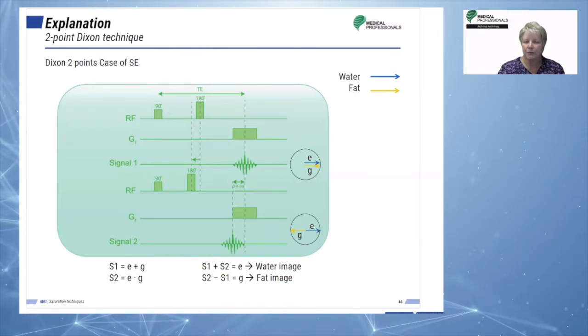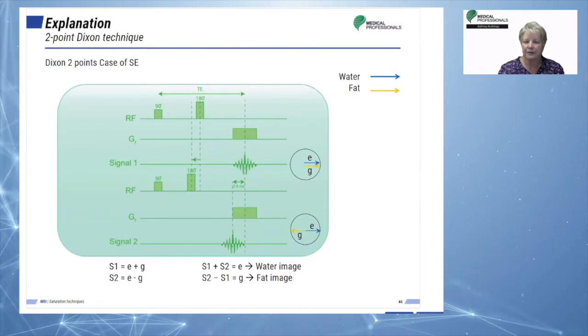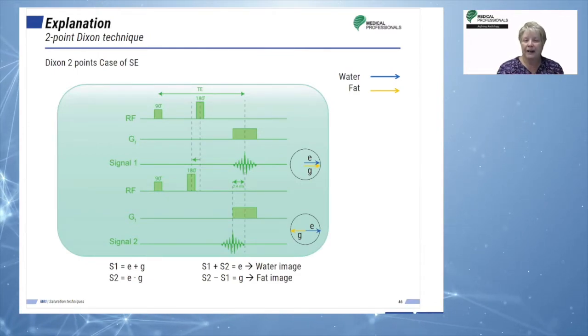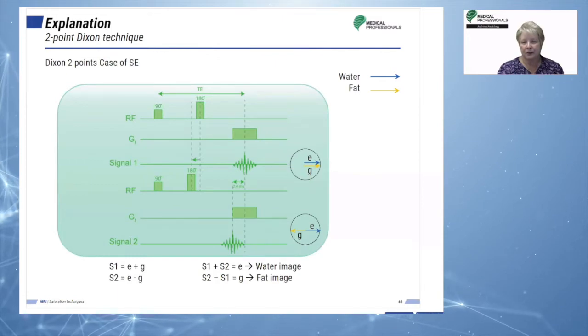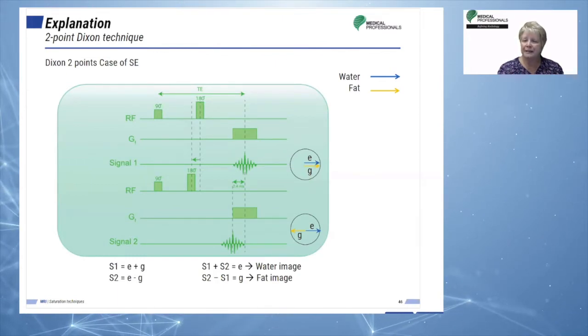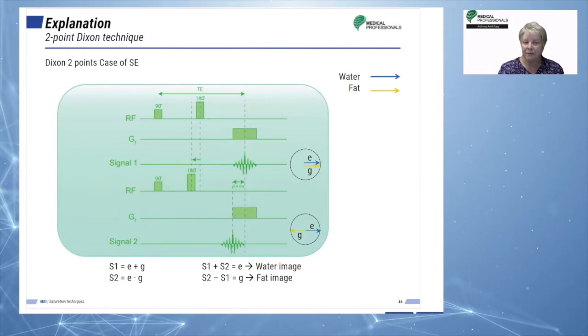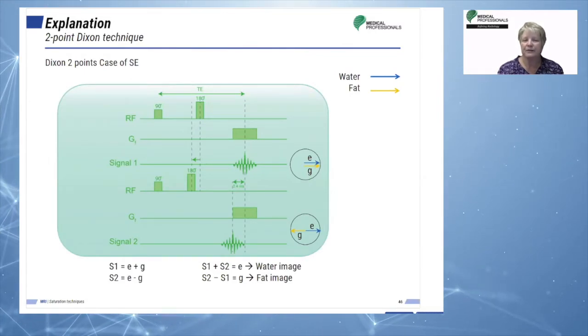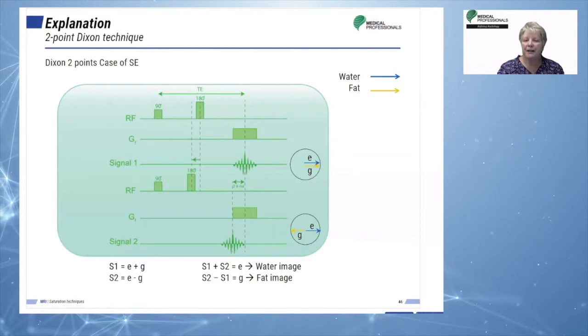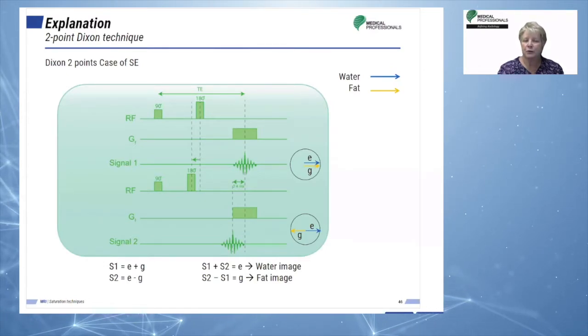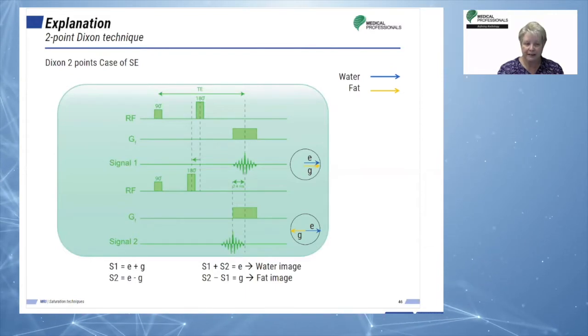In the first, water and fat spins are in phase, that's signal 1. In the second one, they are out of phase, that's signal 2. To obtain signal 2, the time of the application of the RF pulse, or the inversion pulse, should be modified so that the center of the reading gradient is shifted about 2.4 milliseconds.